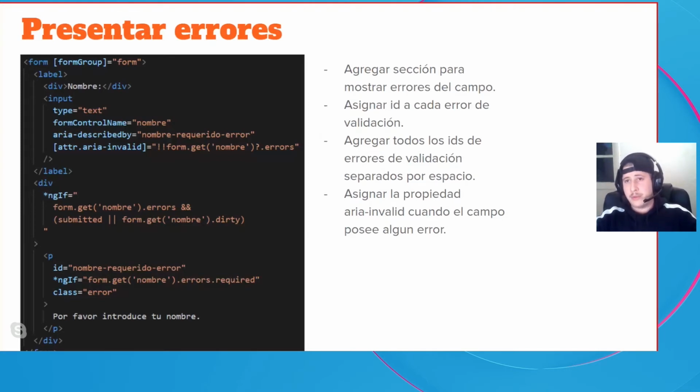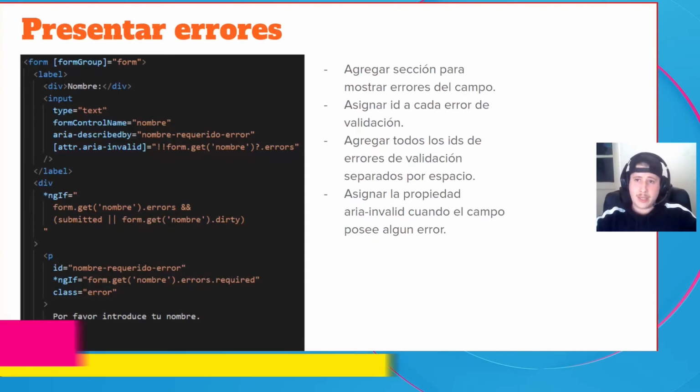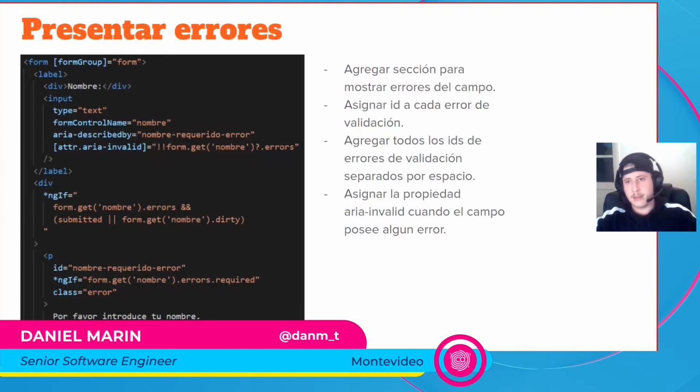Personally, what I do is I create a component, an input, where I encapsulate all this and make sure that I just use single IDs. Maybe it's not the best strategy in every case, but it depends on the application. But just so you understand, this is something you can do, and you're always going to have this in accessibility. It's something very common. So in consequence, we have all the errors, and we're going to have this ID.